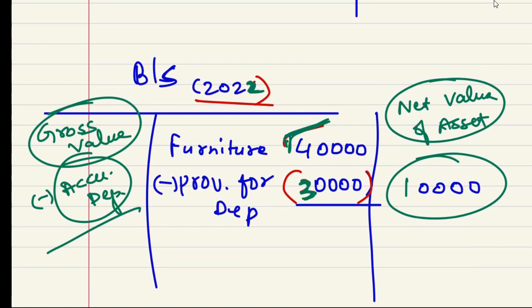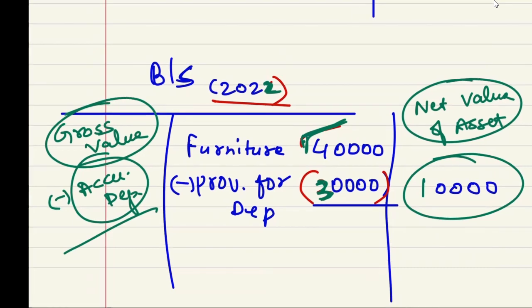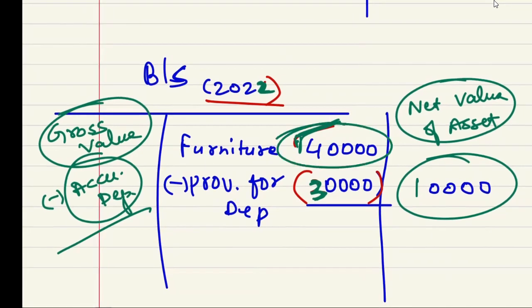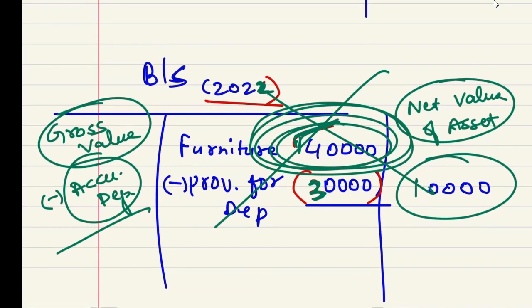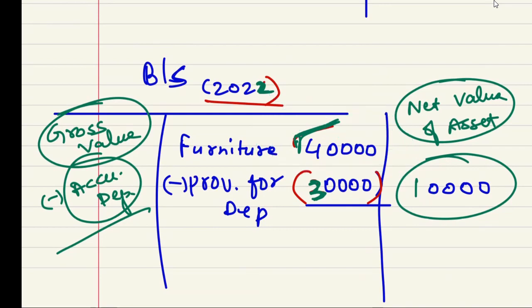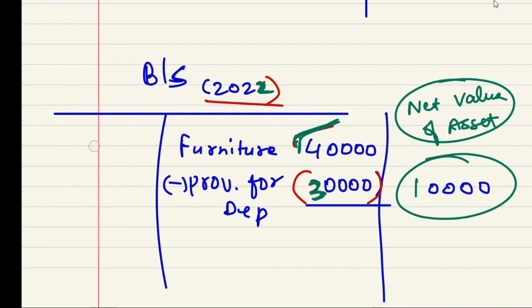But in the earlier case, we were changing the gross amount, but the gross amount should not be changed as per the provision for depreciation method. Are you able to understand this? Is there any doubt?